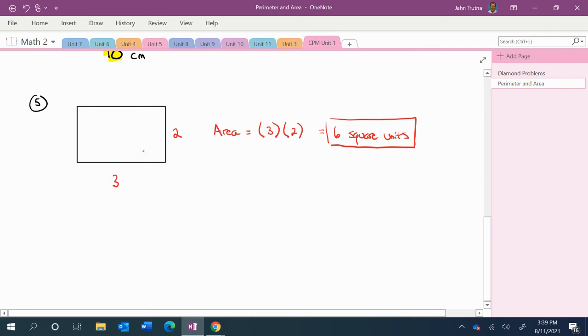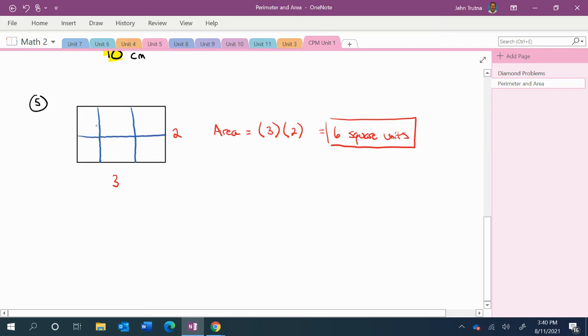Okay, now, how is this derived? Watch how I know the answer is 6. If the length is 3, that means I split the length into 3 equal parts, which I just did, and if the width is 2, that means I split the width into 2 equal parts.